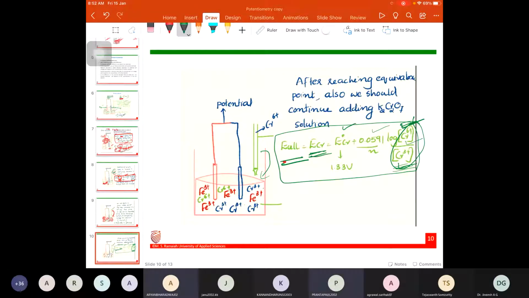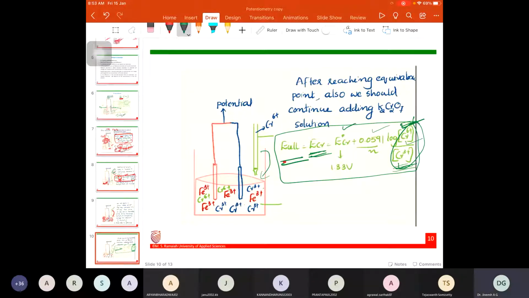What does it mean? Up to the equivalence point, potential is increasing. After the equivalence point also, potential is increasing, right? At any time is potential decreasing? No, sir. So in potentiometry, you will always get an increase in the potential.